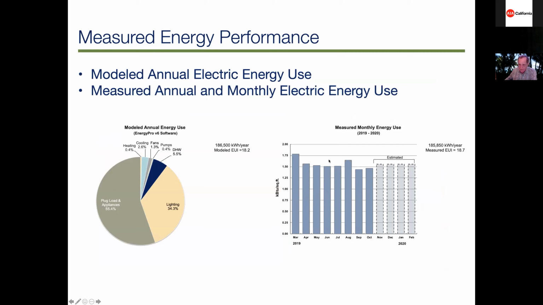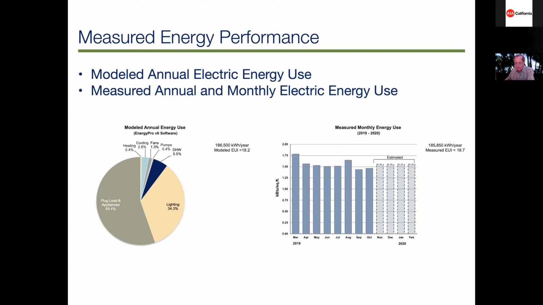And here we have the measured monthly. Now, they had only been in operation for 8 months, and that was data for 8 months. So I had to estimate the amount that they would use and use that to get the annual total, to see whether they were going to get PV to make zero net energy for the year.